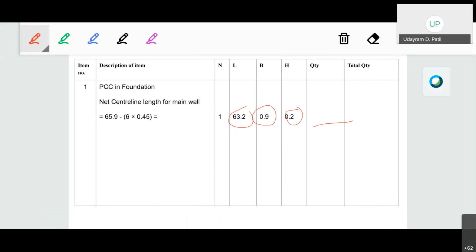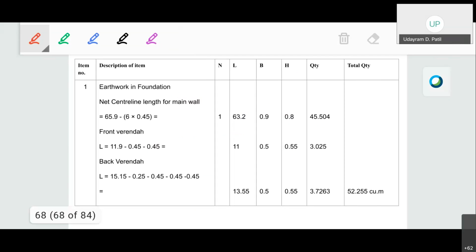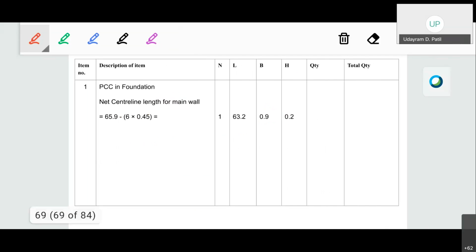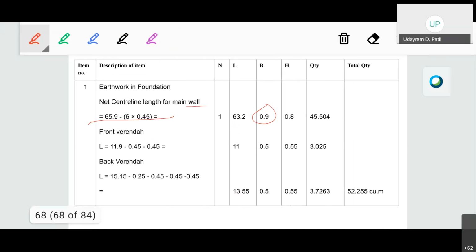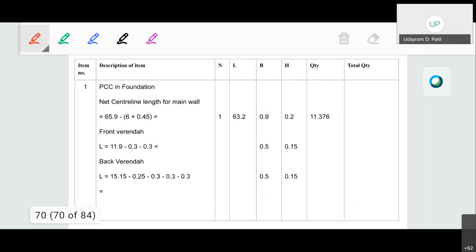Calculate the PCC in foundation for the main wall. Since your width is 0.9, the main wall center line will be the same, that length will be same, 63.2. Okay, now the width of the PCC here will be 0.5, but we will see how its calculation changes. Yes, the quantity is 11.376 cubic meter for the main wall.